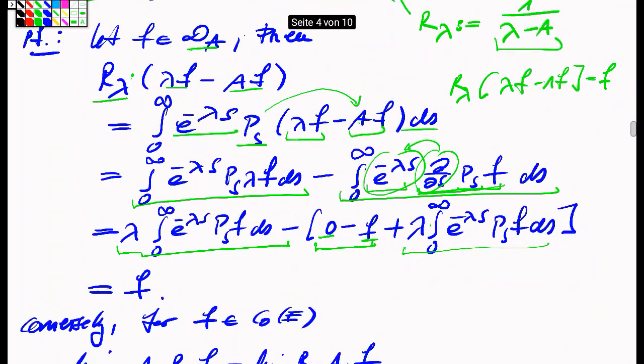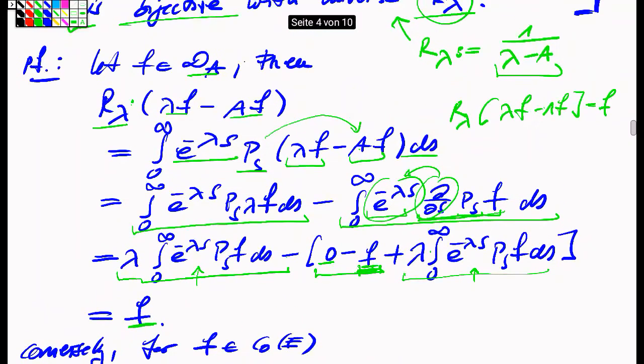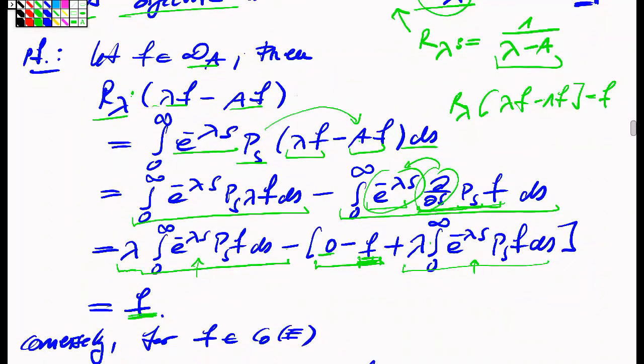And if we compare the terms that are showing up here, we see that these now resulting time integrations exactly cancel due to the right sign that we have in front, and what is left over is exactly just the function f. So this computation shows, in fact, that if f is in the domain of the generator, then doing this lambda f minus A f first, and then the resolvent, gives back the f function.